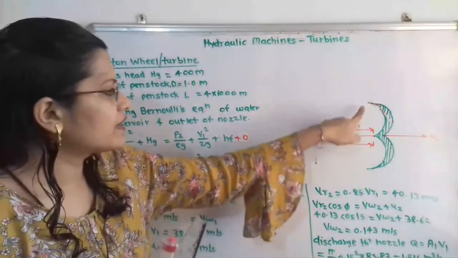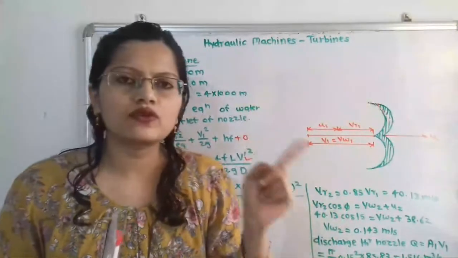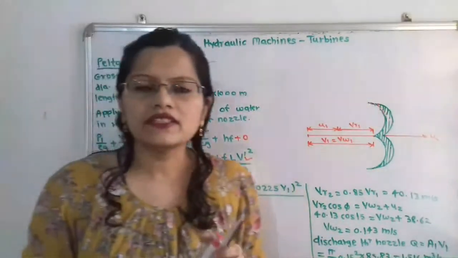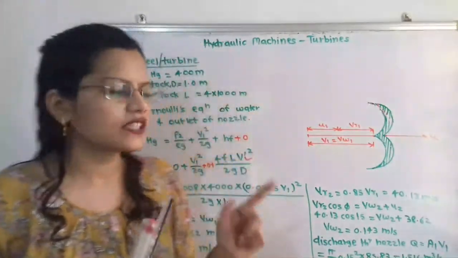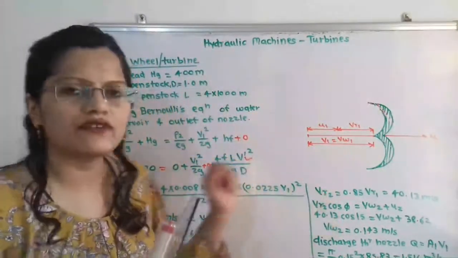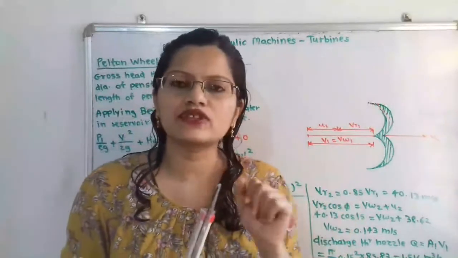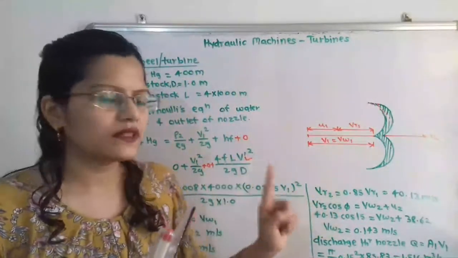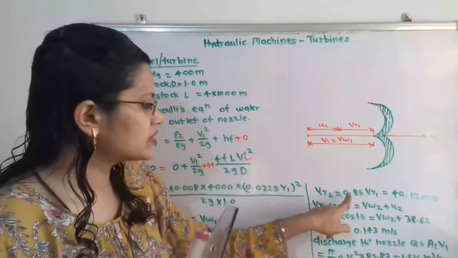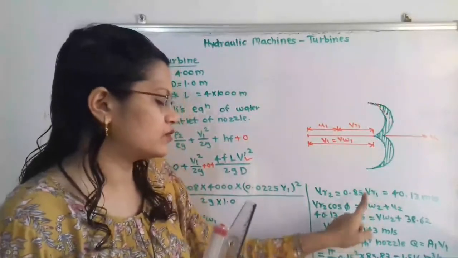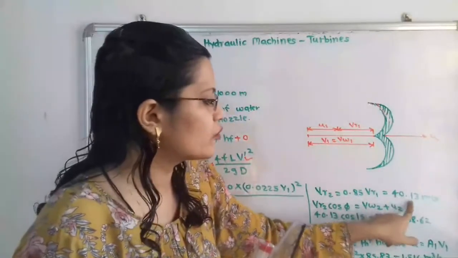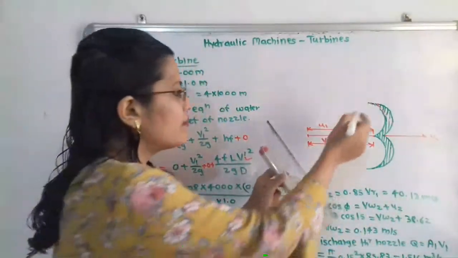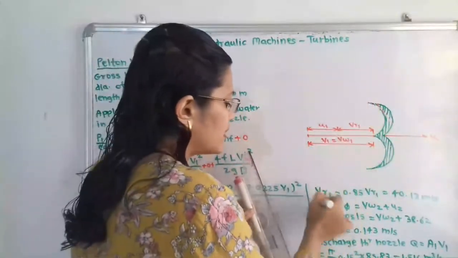Here VR1 is equal to VR2, but due to the friction losses, it is given in the question that the relative velocity at the outlet tip is reduced by 15%. So 100 minus 15, that is 85%. VR2 is equal to 0.85 VR1. When we calculate it, we get 40.13 meter per second.